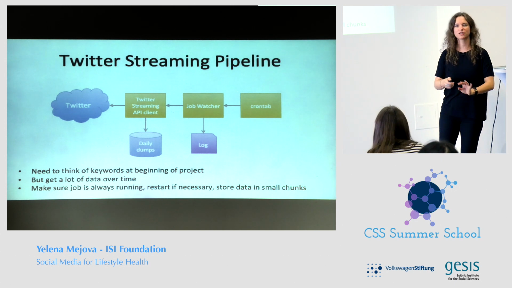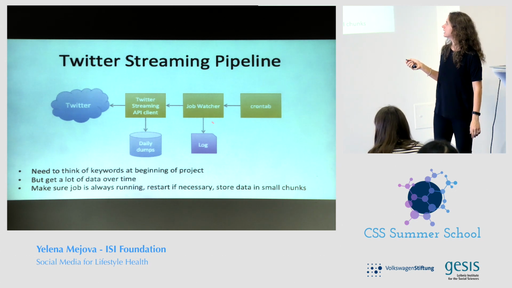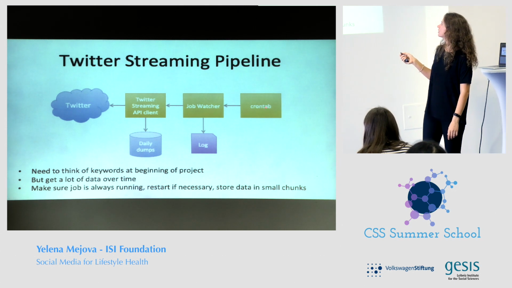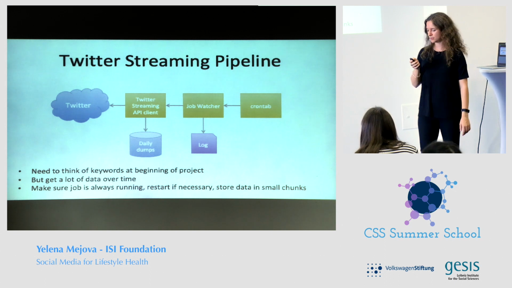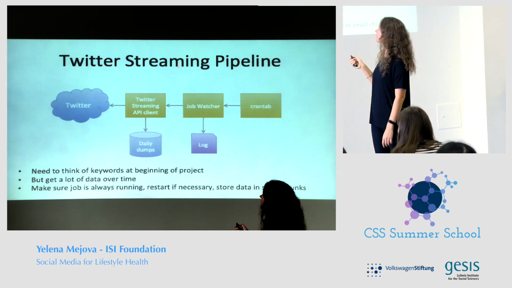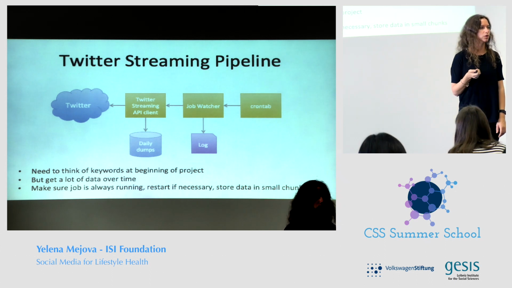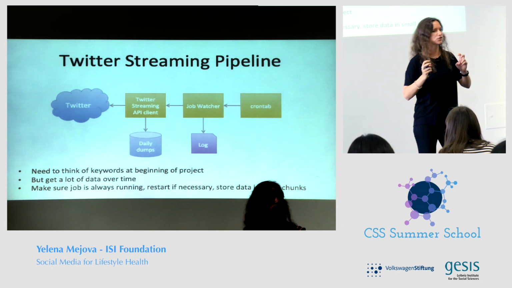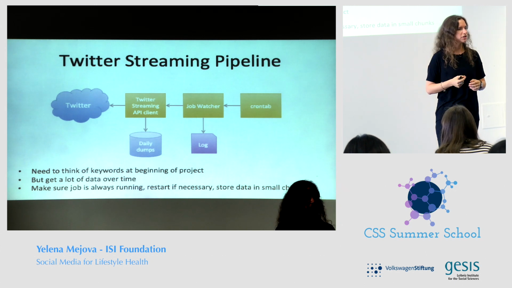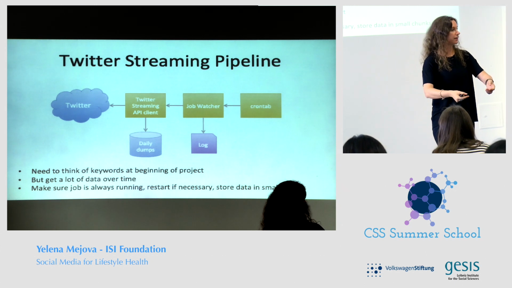You have to make sure things are running when you're not looking, and it's often nice to log that as well. And then this all triggers that, so that can be nice. So this is a streaming scenario, and the idea of a stream is very relevant in social media because things are generated all the time.